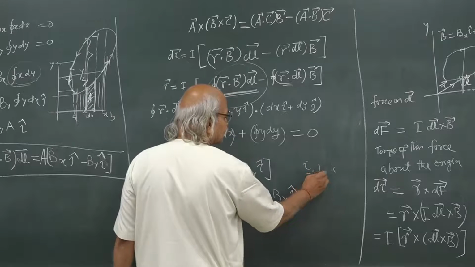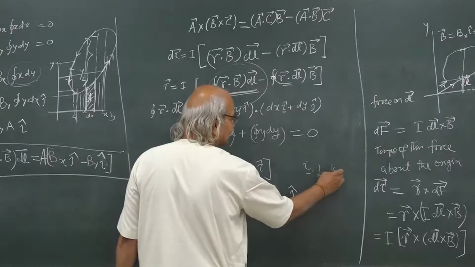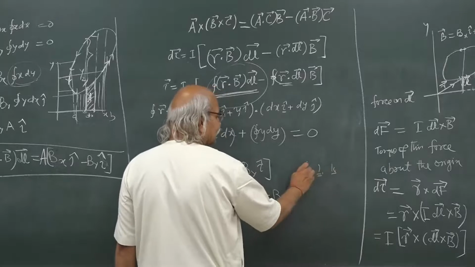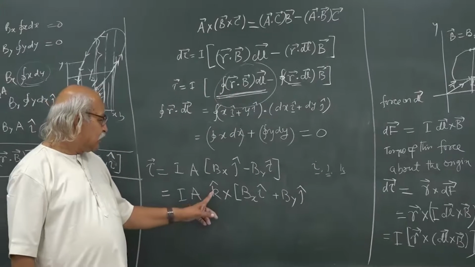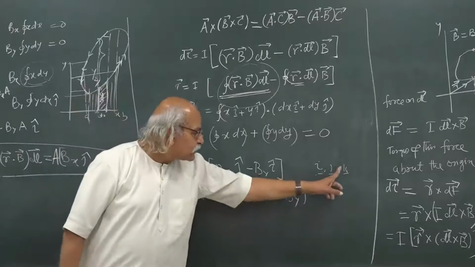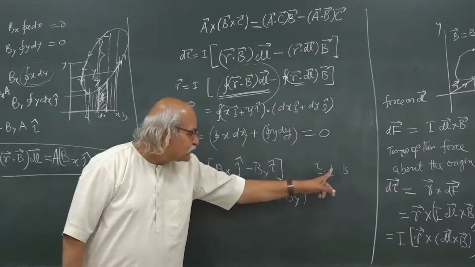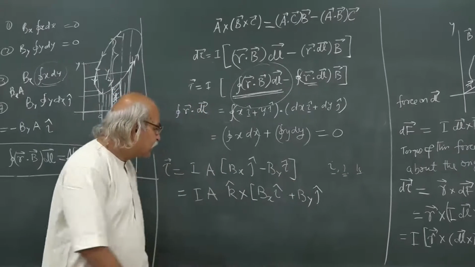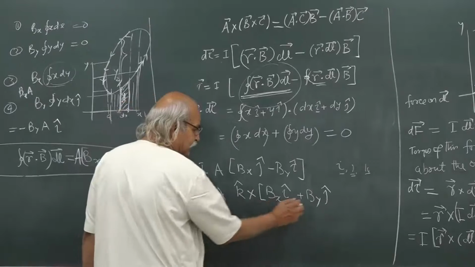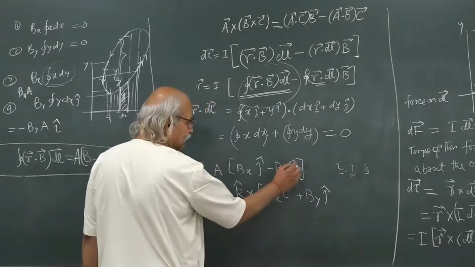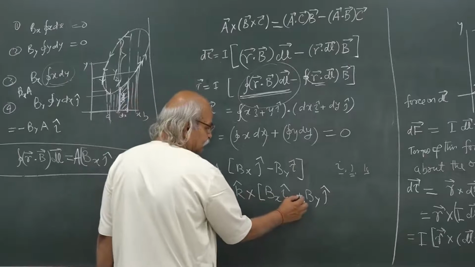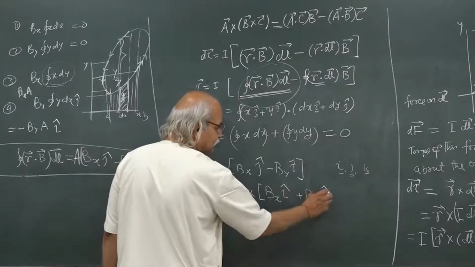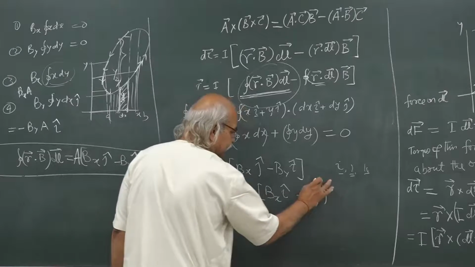So i cross j is k, j cross k is i, k cross i is j, that is how it will go. And here it is k cross j, opposite. So this will be minus i cap. So this minus i cap I can write as k cross, and then cross product with j cap.